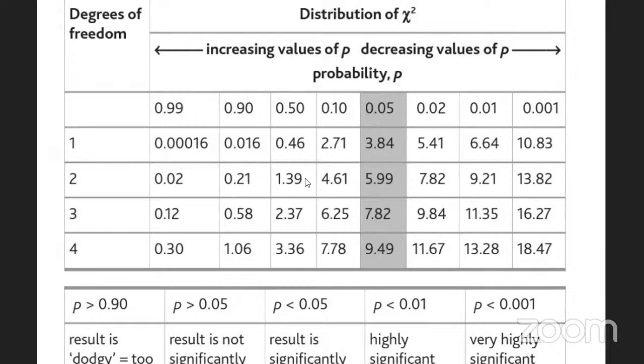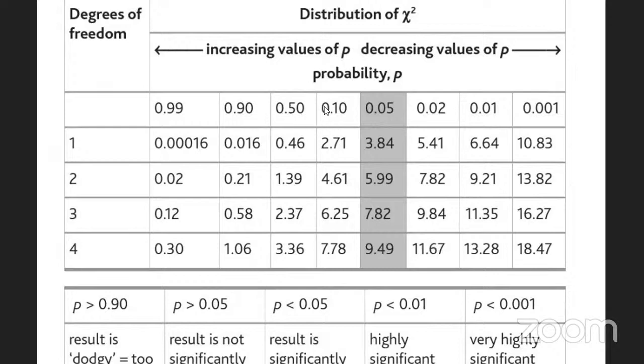So this table and our chi-squared value, we are going to use to determine if any differences between our observed results and our expectations are due to chance. So that is the purpose of this. When we do a cross, we have expectations, we're going to get results, and we want to know if it is due to chance or not.